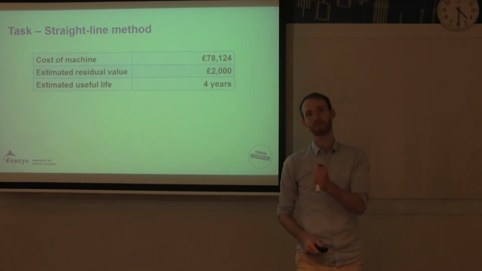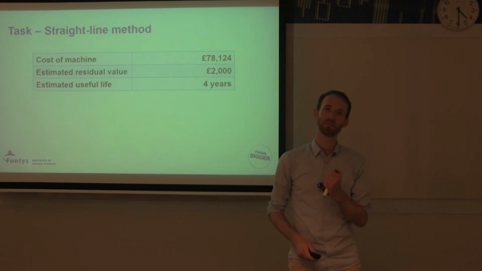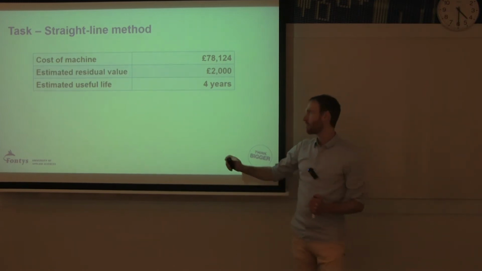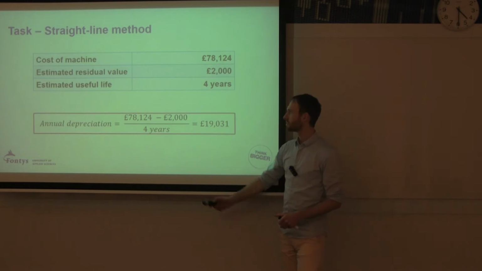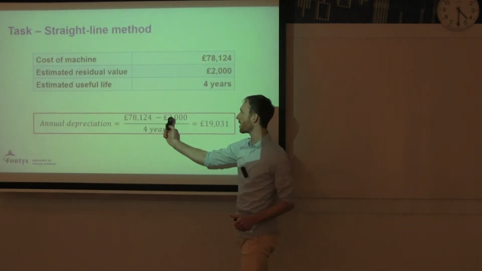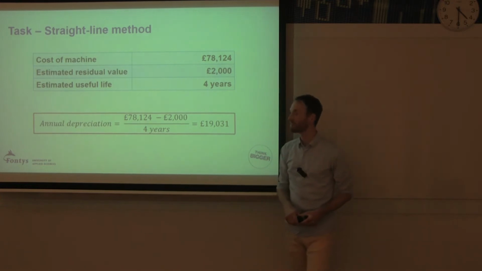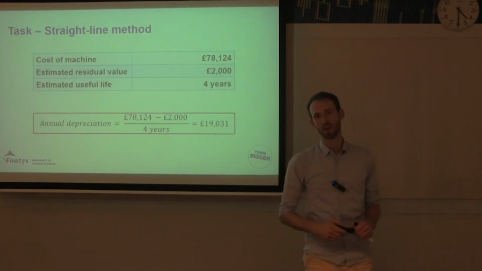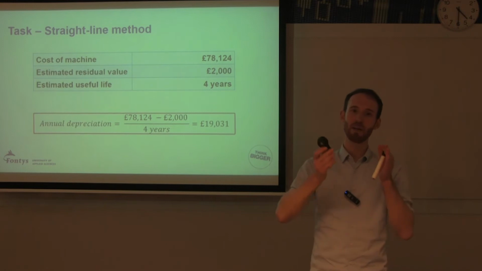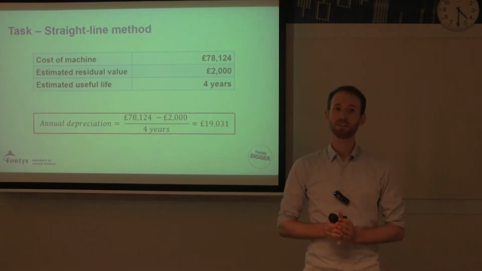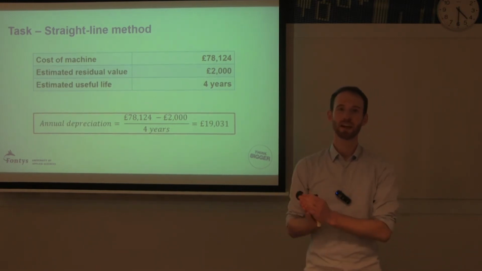So please put that in the formula and try to calculate the depreciation. If we do that now, 78,124 minus the 2,000 divided by 4 years gives us a yearly depreciation of 19,031. So that's the depreciation that happens every single year until the asset is at the end of its life.